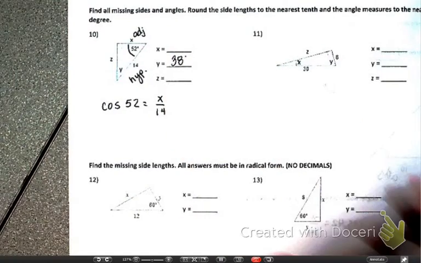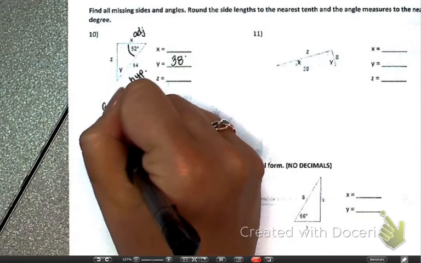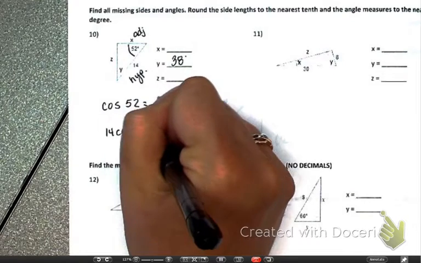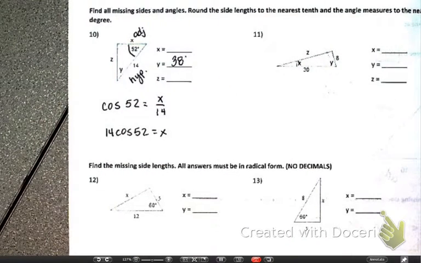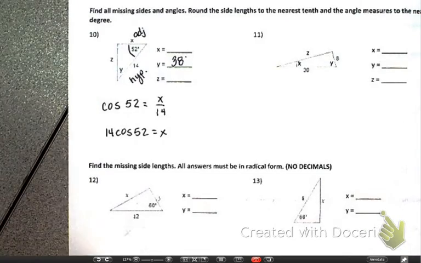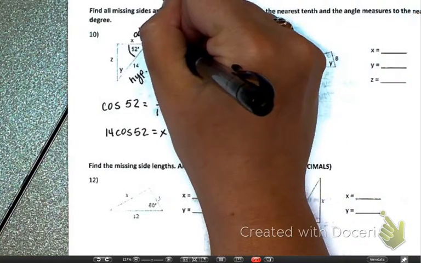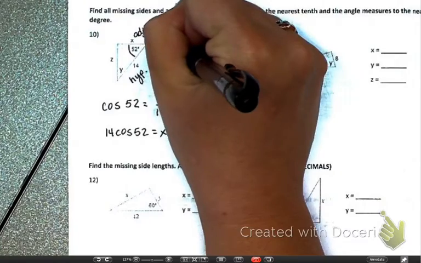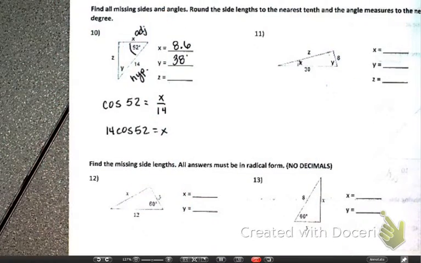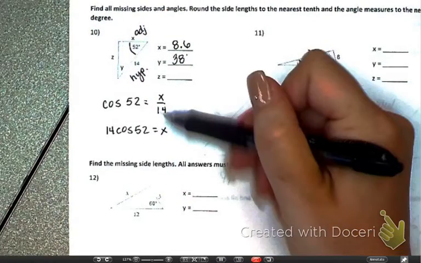This is where I multiply. So 14 cosine of 52 equals x. And I get 8.6. Again, now here's the work I need to show.